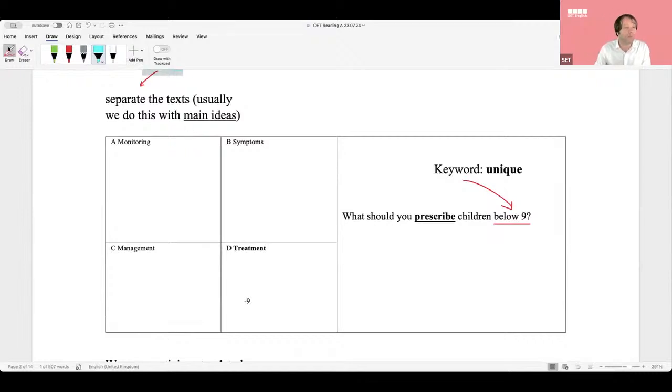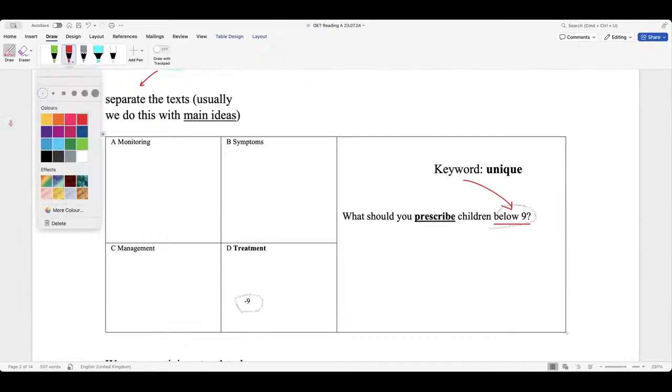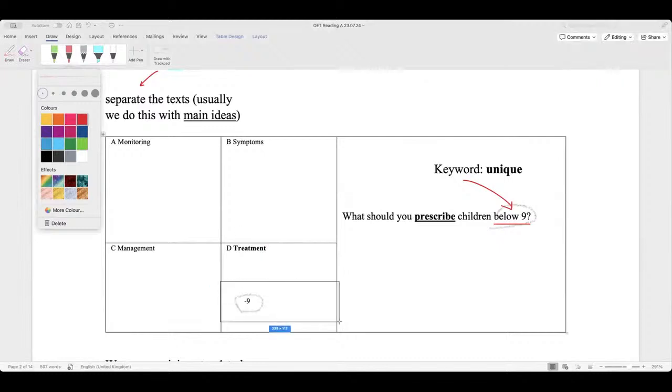So I'm thinking prescribe, treatment. I've got my keyword 9. I find 9 in the text. Here it is, here's 9. I found my keyword. Naz, what do I do next? What does this tell me?